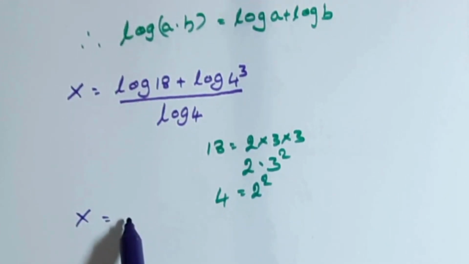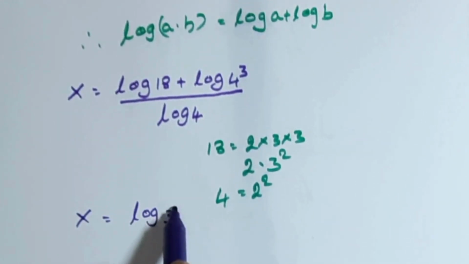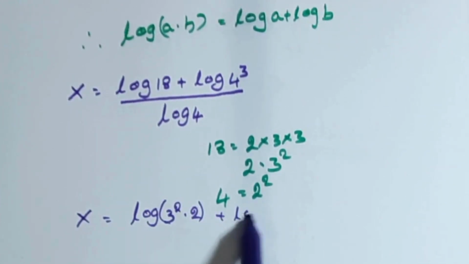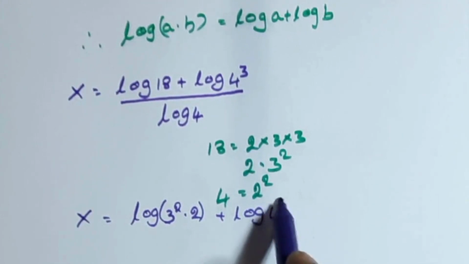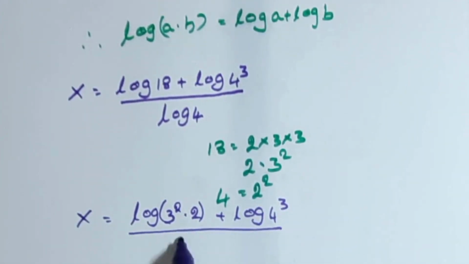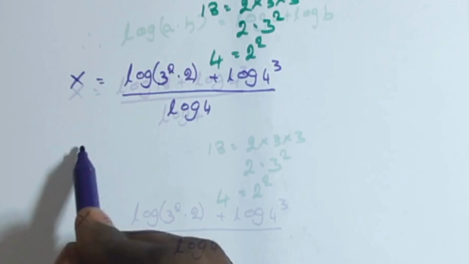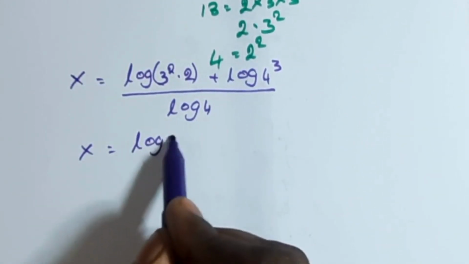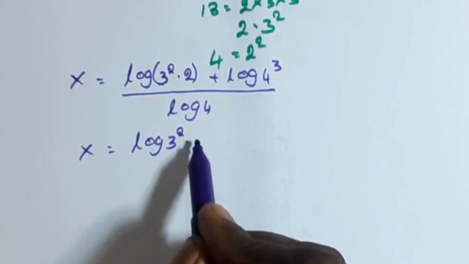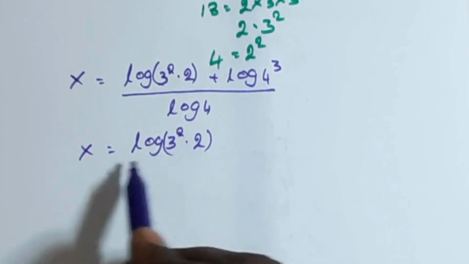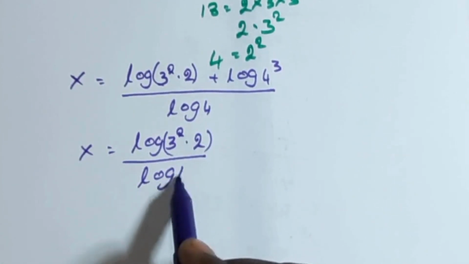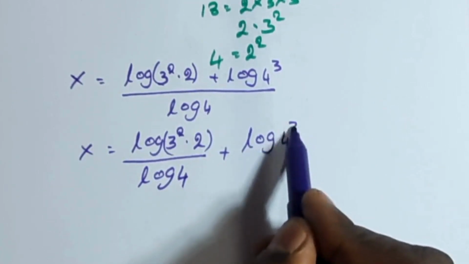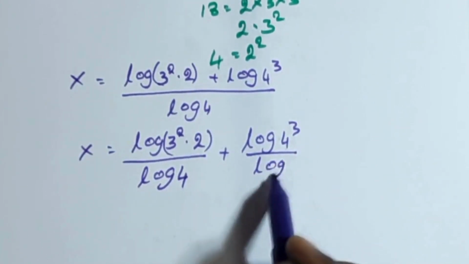X equal to log 3 square into 2 plus log 4 to the power of 3 by log 4. Now we can split this as log 3 to the power of 2 into 2 by log 4 plus log 4 to the power of 3 by log 4.